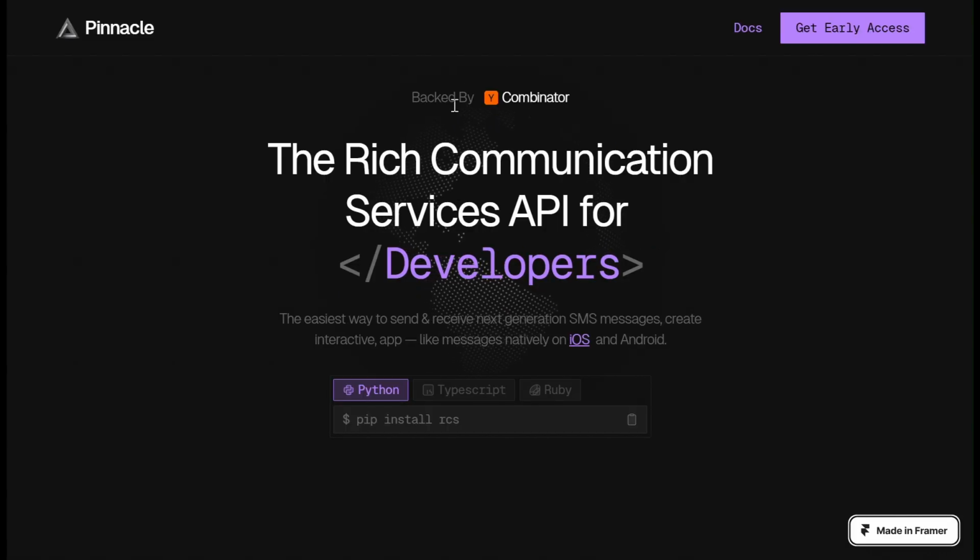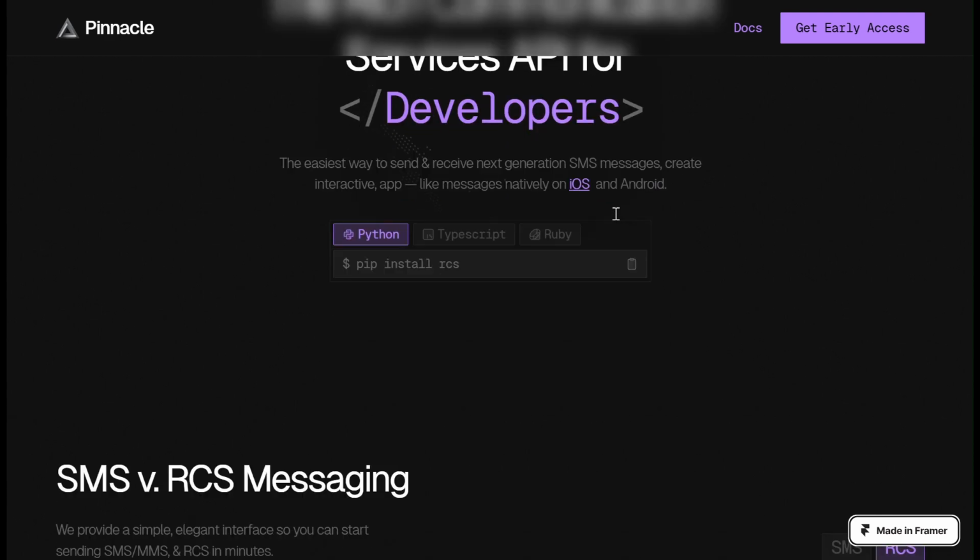Saying this immediately gives the user a sense of importance for this website, or for the people who own it, because they're backed by Y Combinator, and it gives them more edge to make people want to read and trust them more. So that's why I did that.